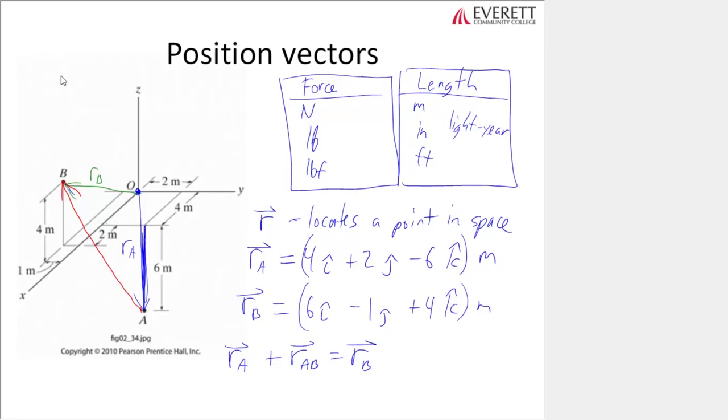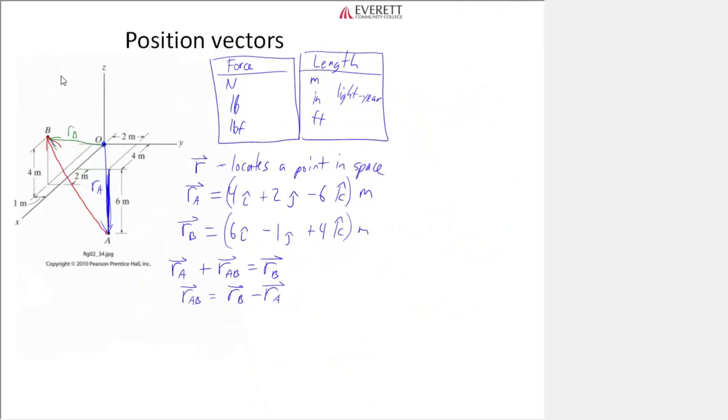Okay? If we want to solve for the position from A to B, we're going to say rAB equals rB minus rA. Okay, so now we can solve for that pretty easy. We're just going to say the position from A to B is equal to, we're going to subtract each component. Subtract the i's, subtract the j's, subtract the k's. We start with B and we subtract A. So it's going to be 6 minus 4 i plus -1 minus 2 j plus 4 minus -6 k.